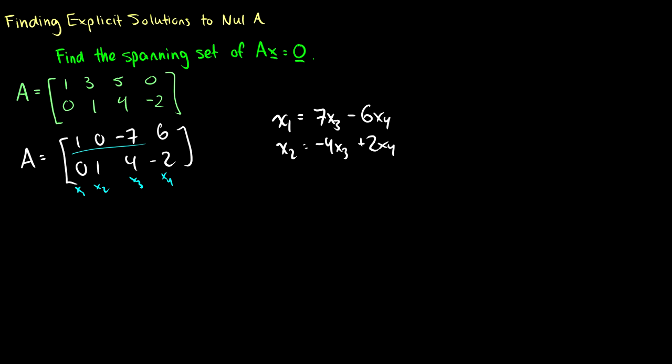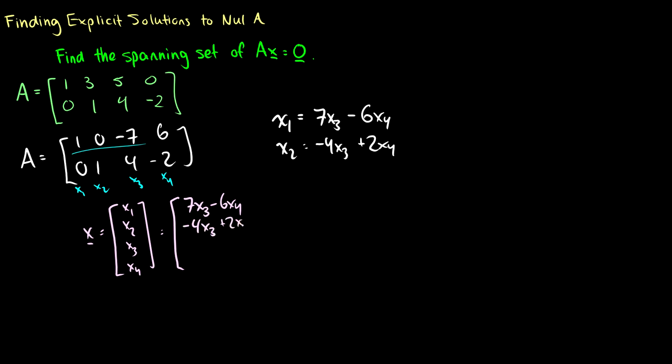Okay, so what does our solution look like? Well, our vector x is going to be x1, x2, x3, and x4. So we can rewrite this as 7x3 minus 6x4, x2 is going to be negative 4x3 plus 2x4, x3 is equal to x3, and x4 is equal to x4.